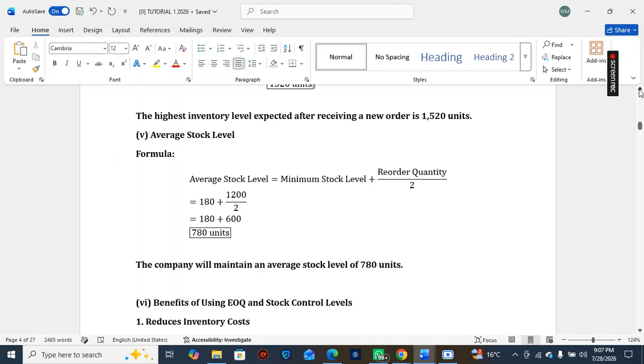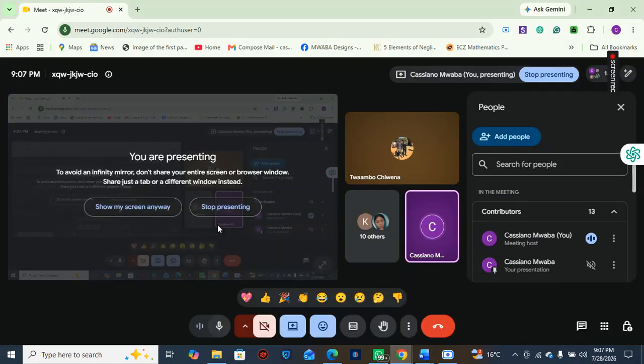It can pass, but average is more like this is what is expected for you: the balanced inventory. Explain that one, Mr. Twamp.